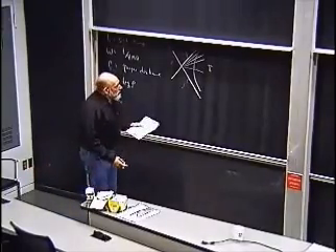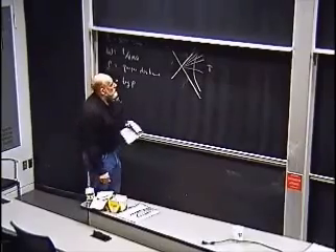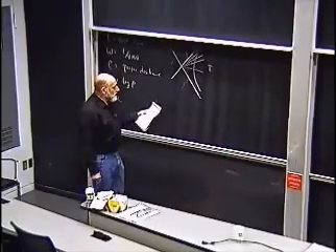Okay, let me remind you what the wave equation looks like in here. We're going to want to do quantum field theory, but first let's remind ourselves what classical field theory looks like.